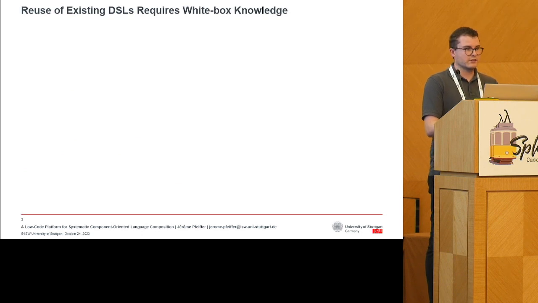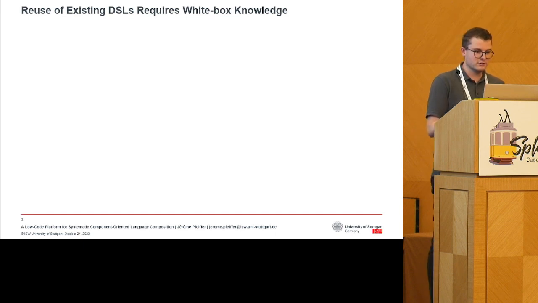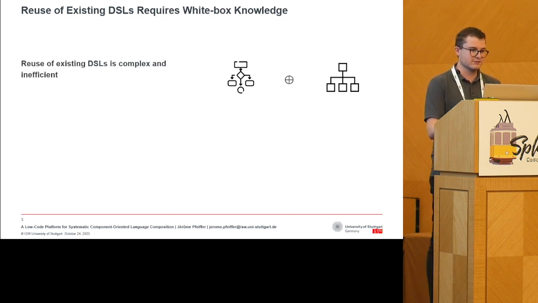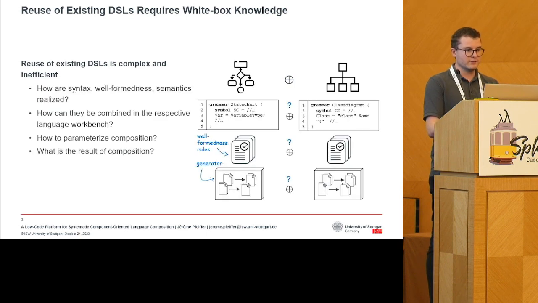So, in contrast to the efficiency of DSLs themselves, their reuse is still complex and inefficient. That's because it requires a lot of white box knowledge. For instance, when combining two languages, you have to care about how the syntax, the well-formedness rules, and also the semantics are realized, how they can be combined in detail internally in the respective technological space.